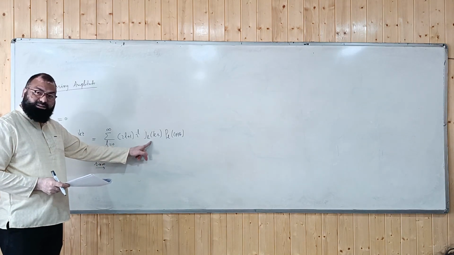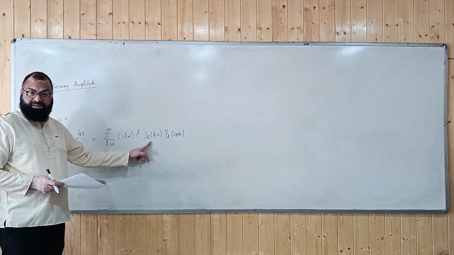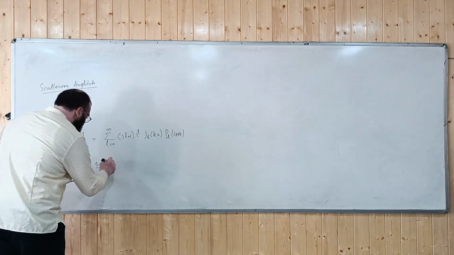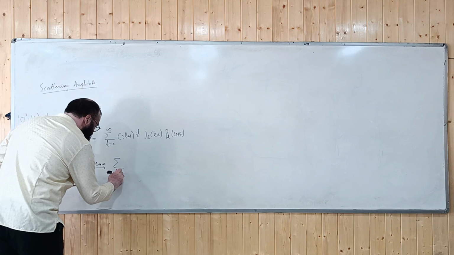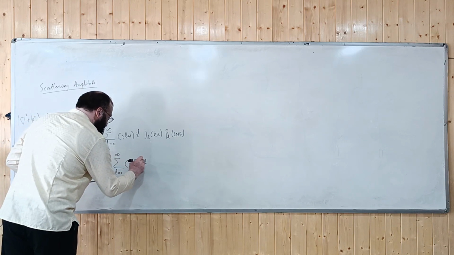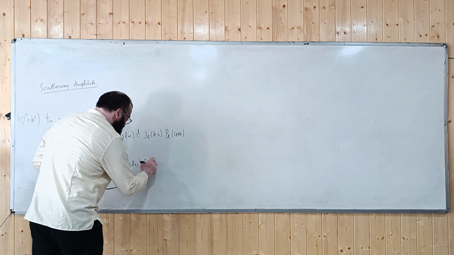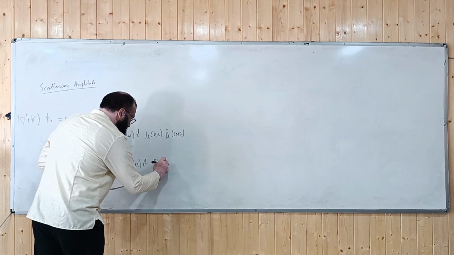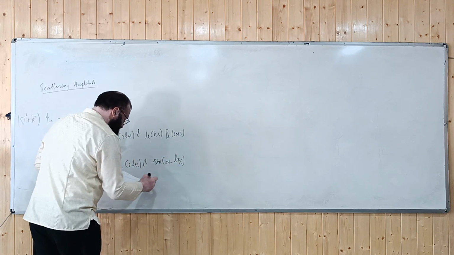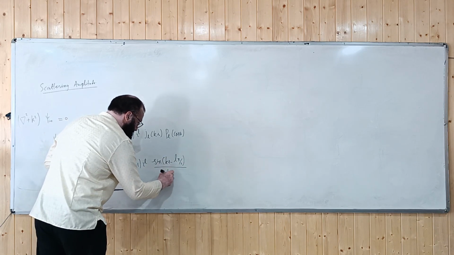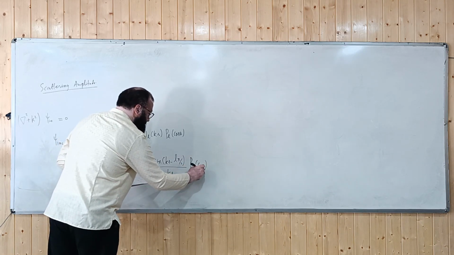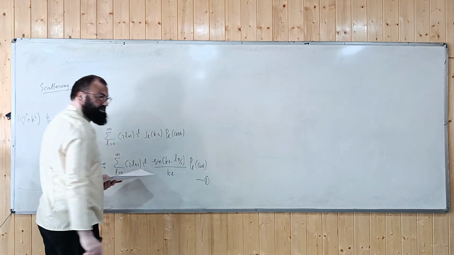So j_l is actually a sine function: sin(kr − lπ/2) divided by kr. This we have already done in the last lecture, but let me write it here. Call this equation 1.